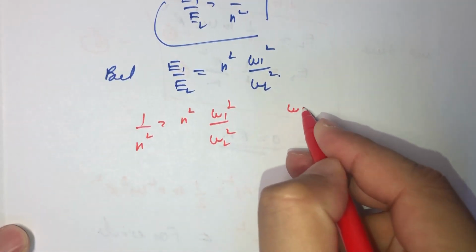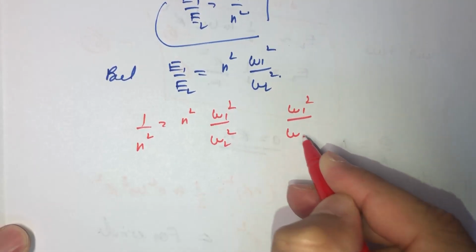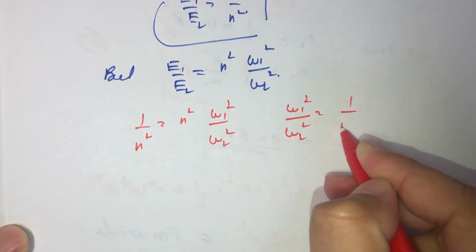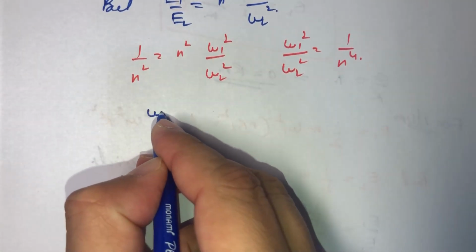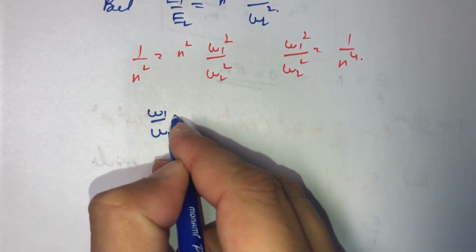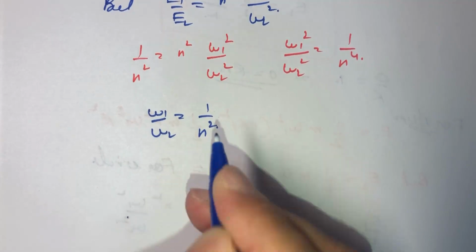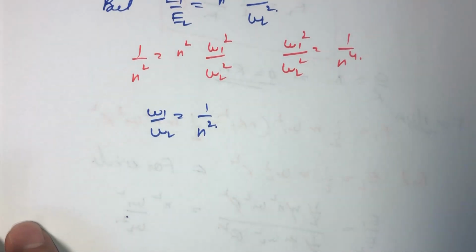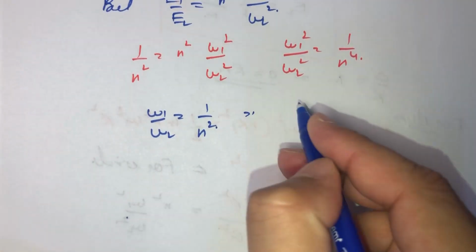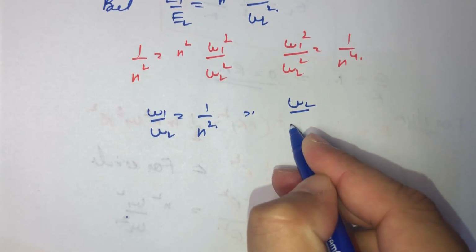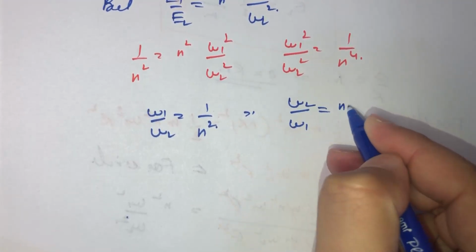So this becomes omega 1 square upon omega 2 square is equal to n raised to power 4, which gives us that omega 1 upon omega 2 is equal to 1 upon n square. Okay, and in the solution it's just reverse of it. So omega 2 upon omega 1 is equal to n square.